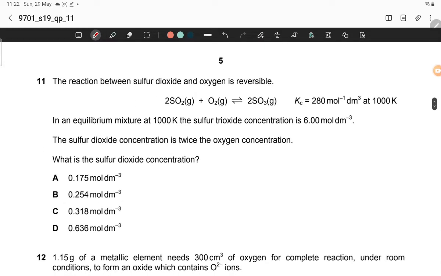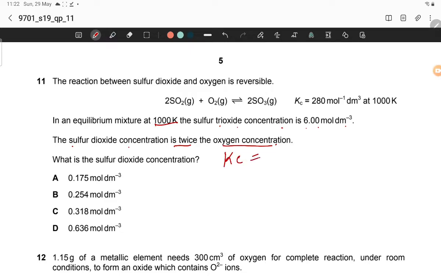Question number 11. The reaction between sulfur dioxide and oxygen is reversible. In an equilibrium mixture at 1000 Kelvin, the sulfur trioxide concentration is 6 mole per dm cube. The sulfur dioxide concentration is twice the oxygen concentration. What is the sulfur dioxide concentration?